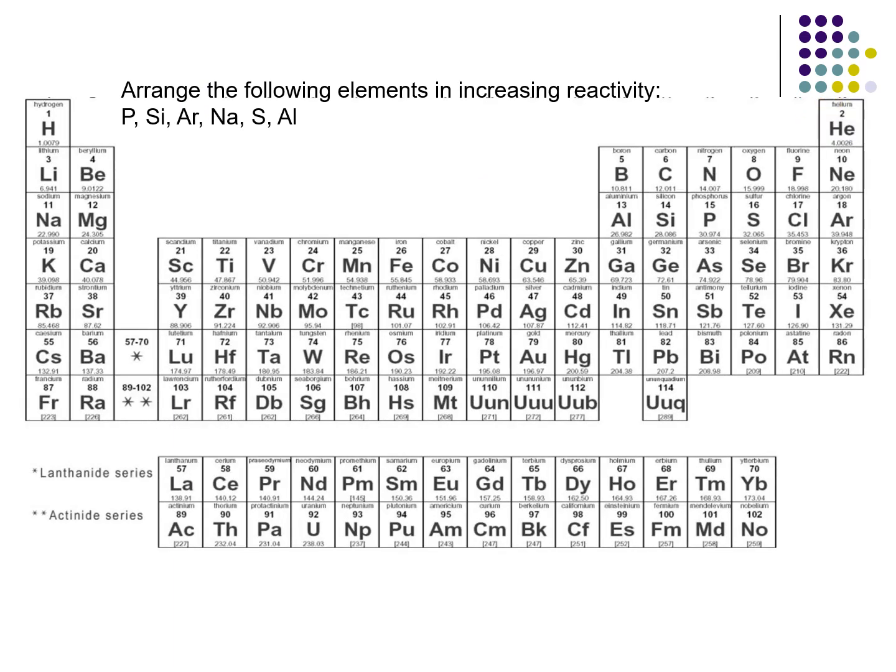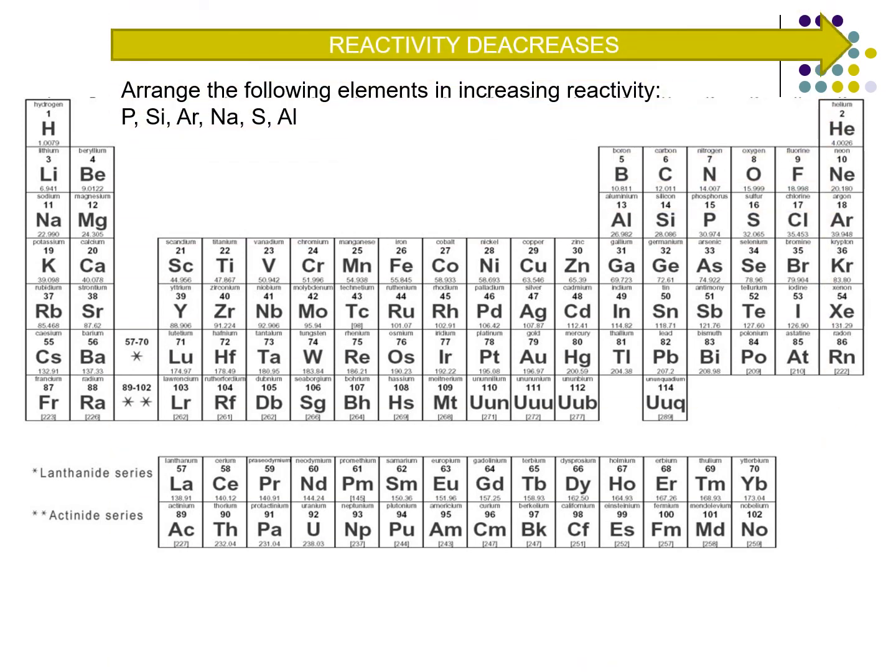Arrange the following elements in increasing reactivity. Take note, from left going to right, the reactivity decreases. Lahat ng element na nasa left, ano daw ang kanyang reactivity? Nandito po yung highest reactivity. Highest reactivity yung nasa left.